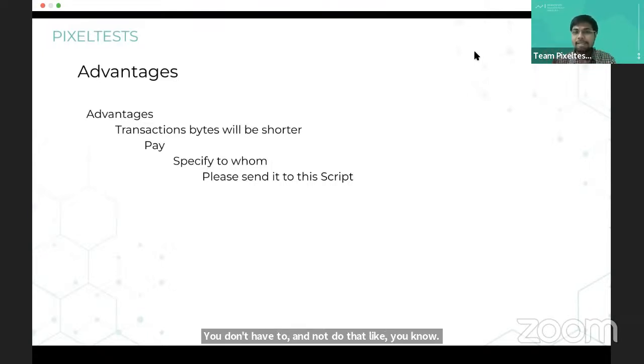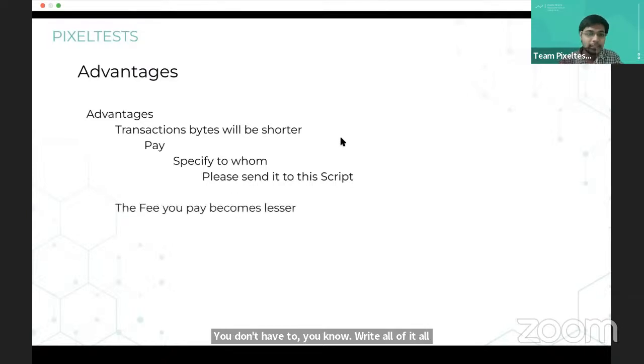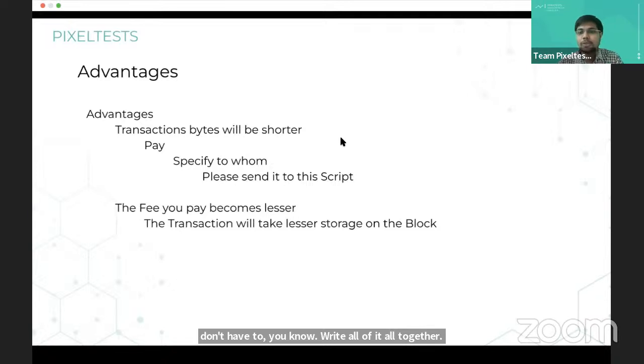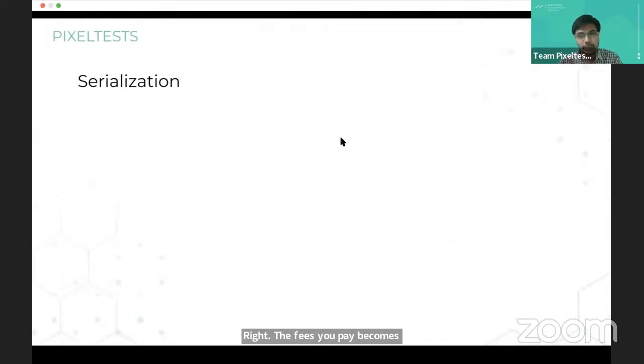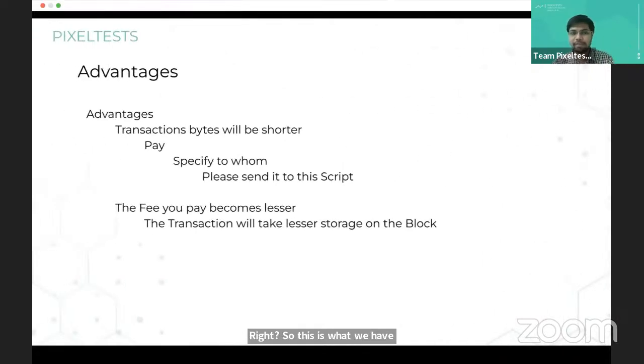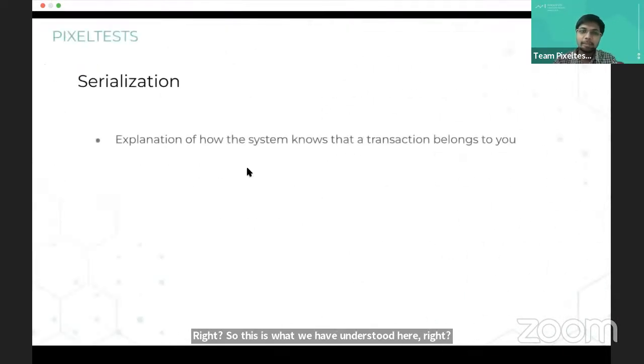You can just say, send it to this particular script. It becomes easier. You don't have to write all of it together. The fees you pay become lesser. The transaction will take less storage on the block. So this is what we have understood here. These are a few advantages.